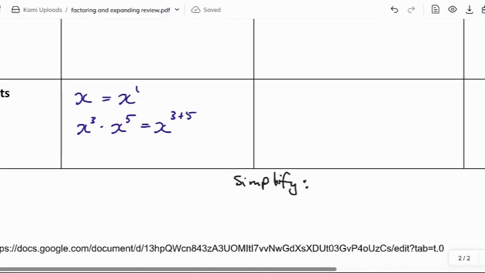Anyone know? Yeah, the simplest looking, make it at least the least complicated. Collect like terms is one piece of simplifying.